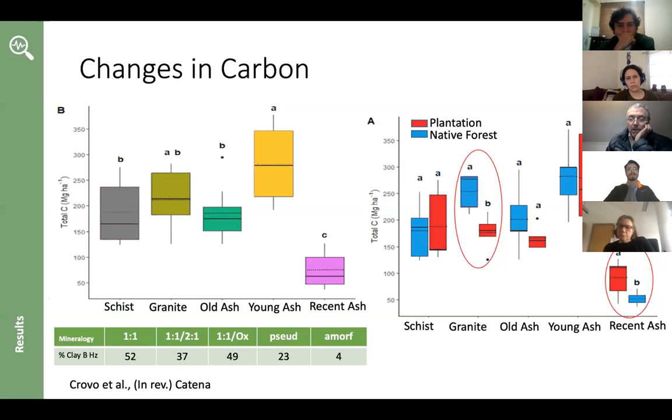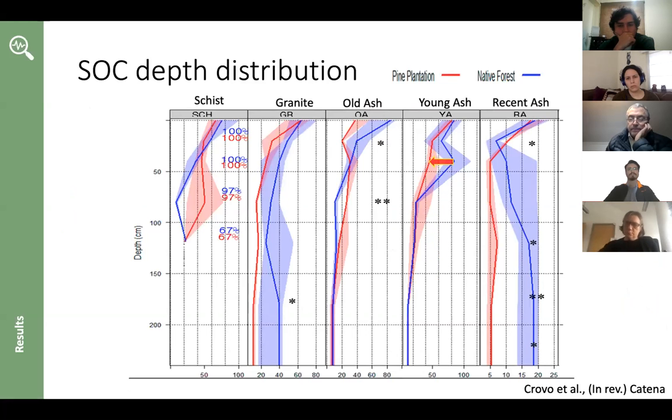When we compare plantations against native forests, we see that the granite and recent ash are the only sites with a significant difference, mostly as a reduction of carbon. Then when we look at carbon distribution, we see that the change does not occur the same way in all the sites.